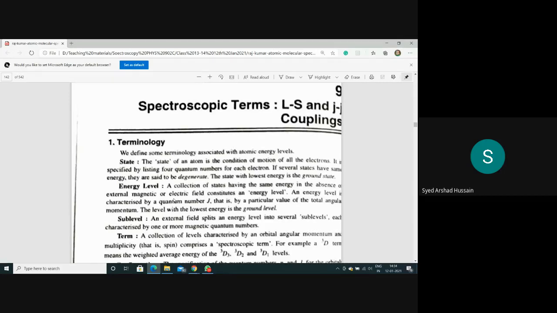In that case, we have seen that energy is characterized by mj, and for a particular value of j, the total angular momentum quantum number, mj has twice j plus 1 values.